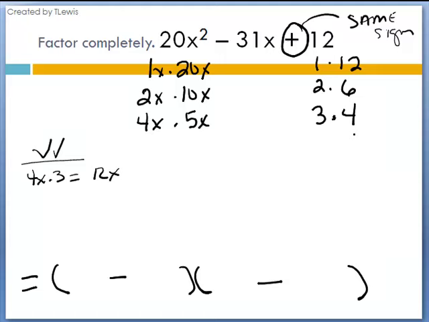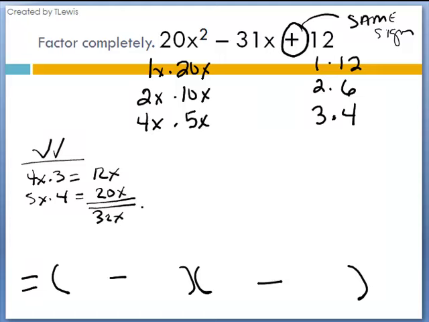Last with the last, we have here 5x times 4. We have 20x. Now when you add those together, that gives us 32x. Well, that's not what we want. We don't want 32x. Okay, so that combination is not going to work.